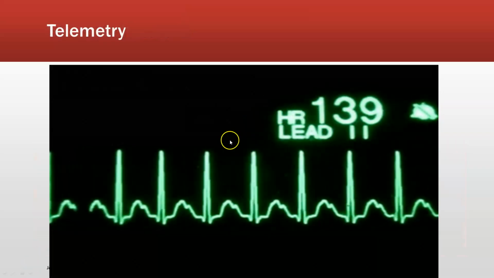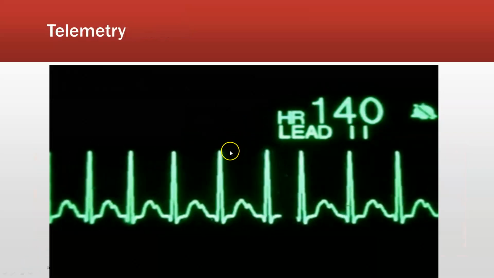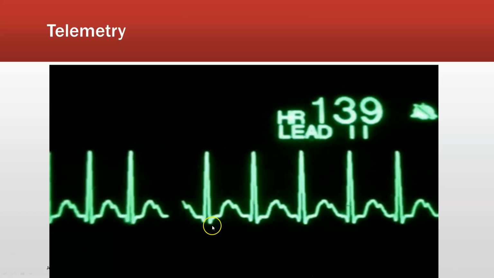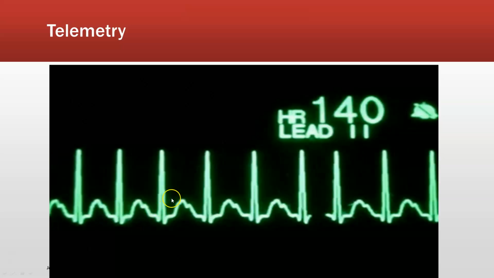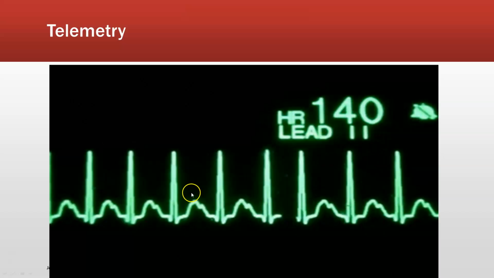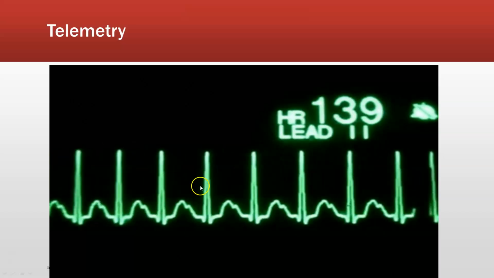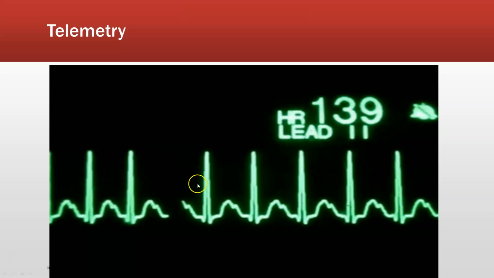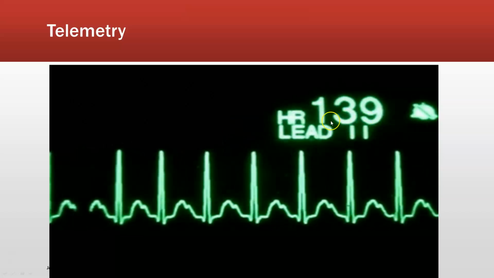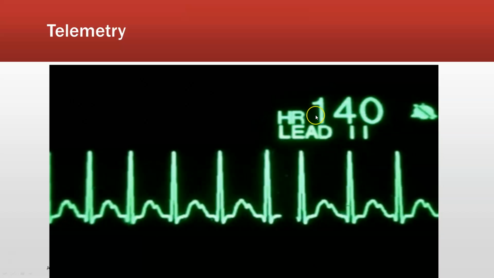So here, we said not all tachyarrhythmias are equal. So I still see that that P is buried into that T. Once they start to get greater than 120s, then I can actually start to see clients that are probably going to be a little more symptomatic. Because again, we lose that fill time.